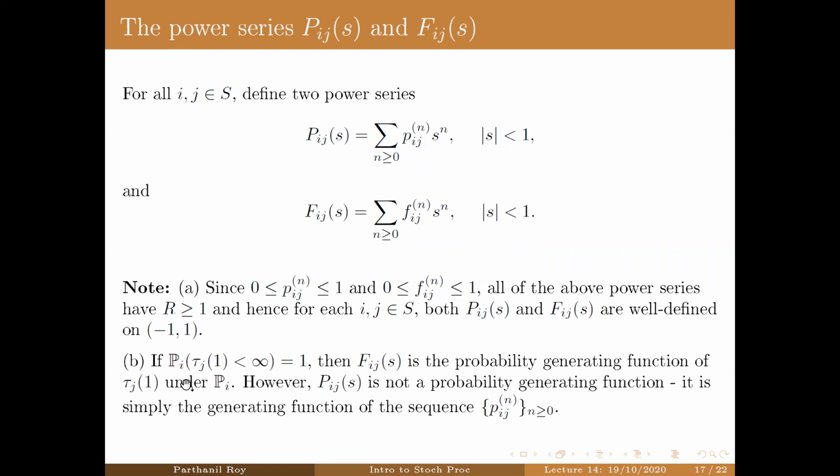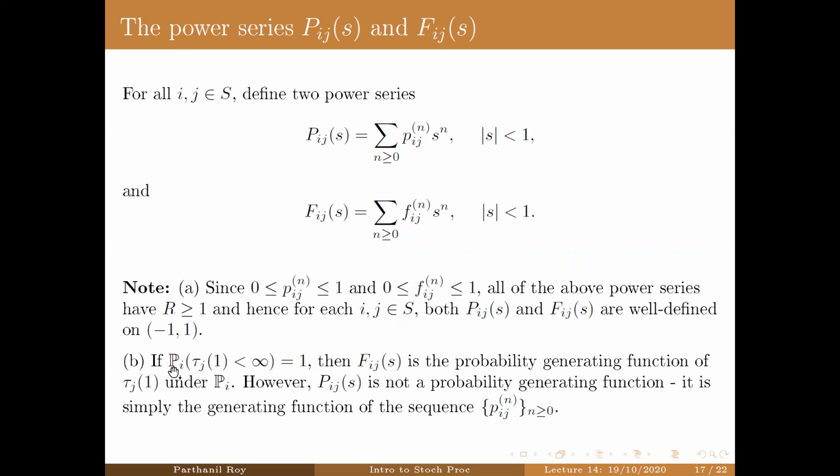One more observation is that if starting from i, the first hitting time of j is finite with probability 1, then F_ij(s) is actually the probability generating function of this random variable, the first hitting time of j under P_i. This will be the case when the state j is recurrent, for example.